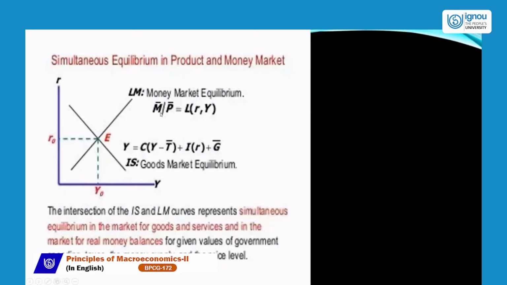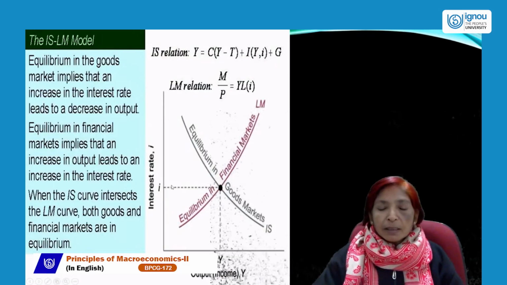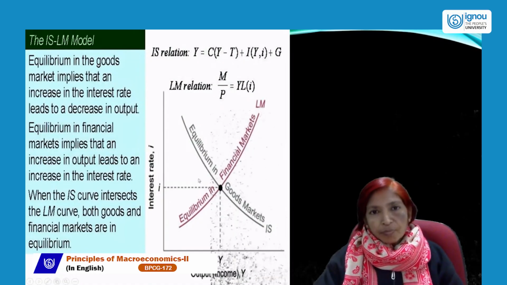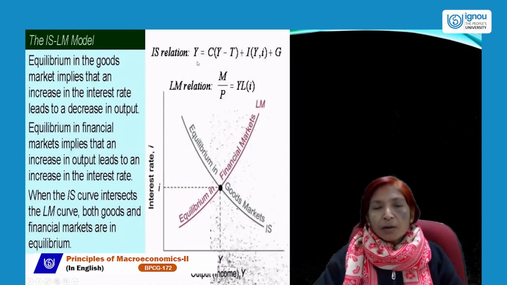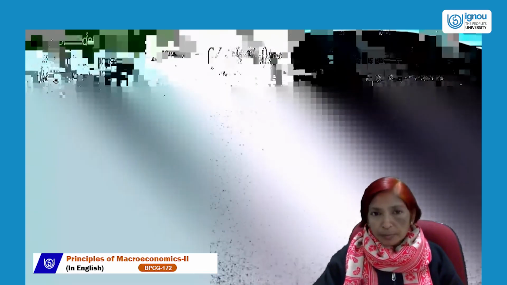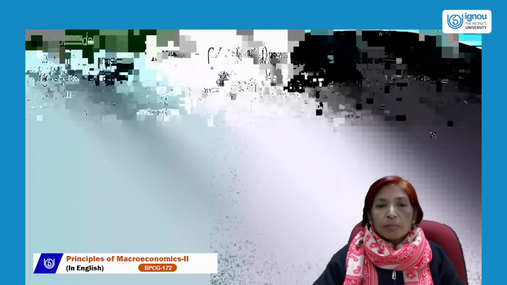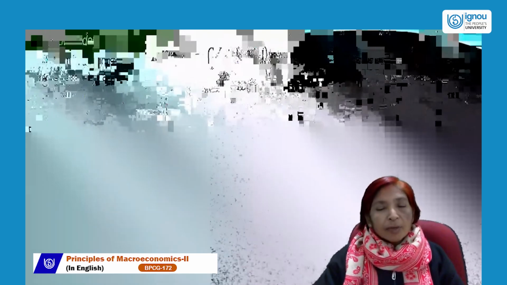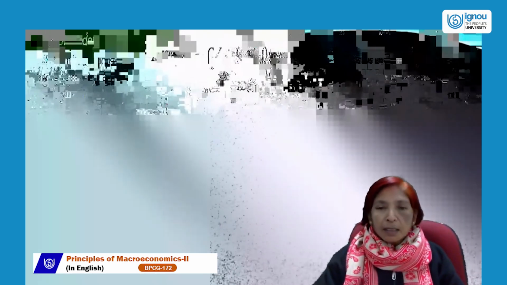At the equilibrium point where both curves intersect, the equilibrium rate of interest and the level of income are determined. The equation of IS is Y = C plus I plus G. And the LM equation is M bar upon P bar = L(Y, I). We can represent the rate of interest by I or R.